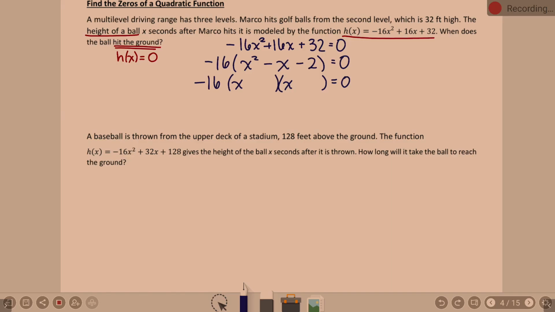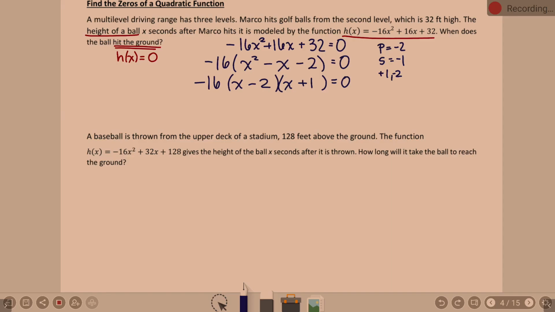Negative 2, positive 1, because I needed a product of negative 2 and a sum of negative 1. Well, the only way to multiply to get 2 is 1 times 2. So we don't have a lot of choices here. With the negatives, it's positive 1, negative 2. Okay, now what?